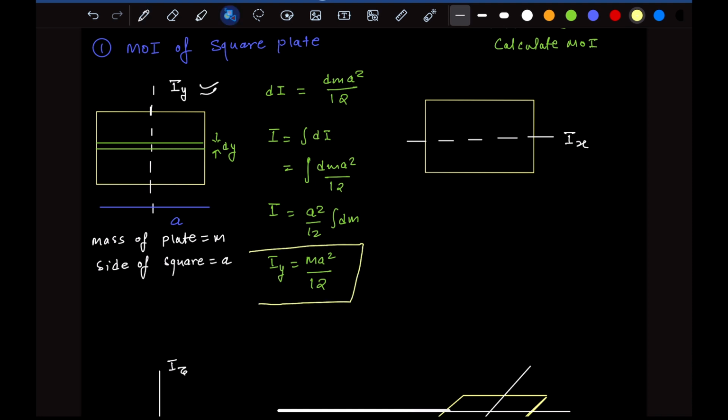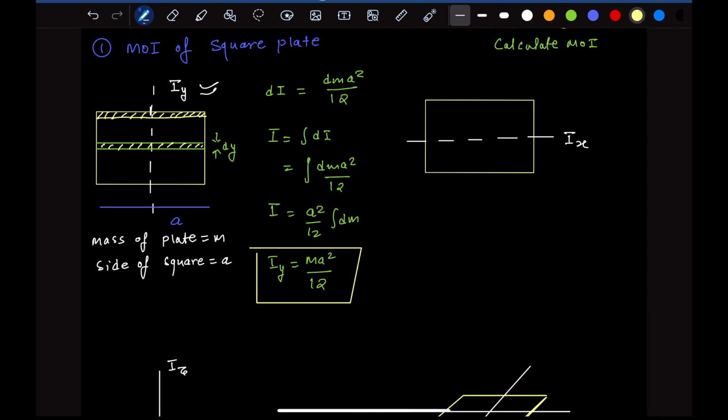Okay, think about it. Can there be another way to calculate the moment of inertia? Can I shift the mass? Yes, we can shift it. Think about it. If this is the elemental rod, instead of keeping this elemental rod at this place, if I shift it to this place, the moment of inertia of this elemental rod will not change, right?